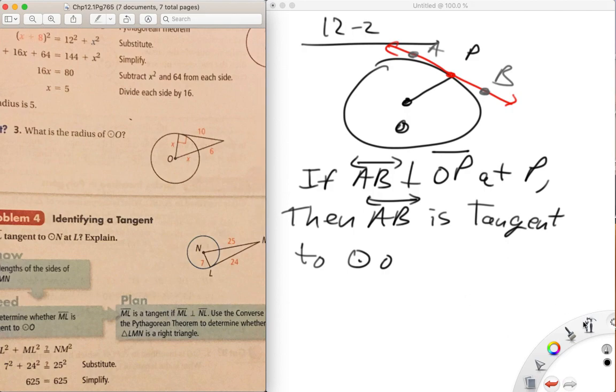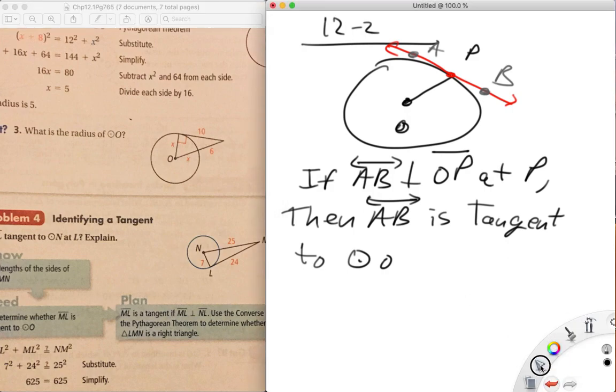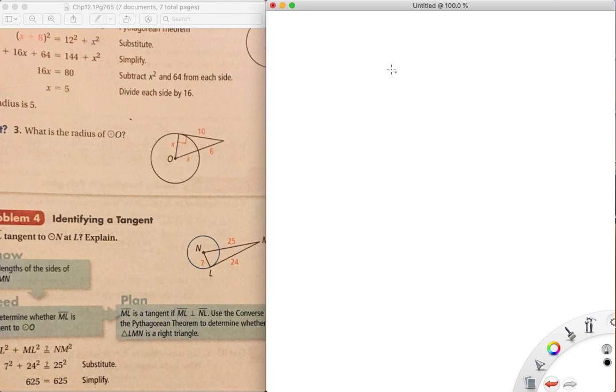Okay, they want to know what the radius is. We have circle O. We have this guy, we have this guy. I like this in red.